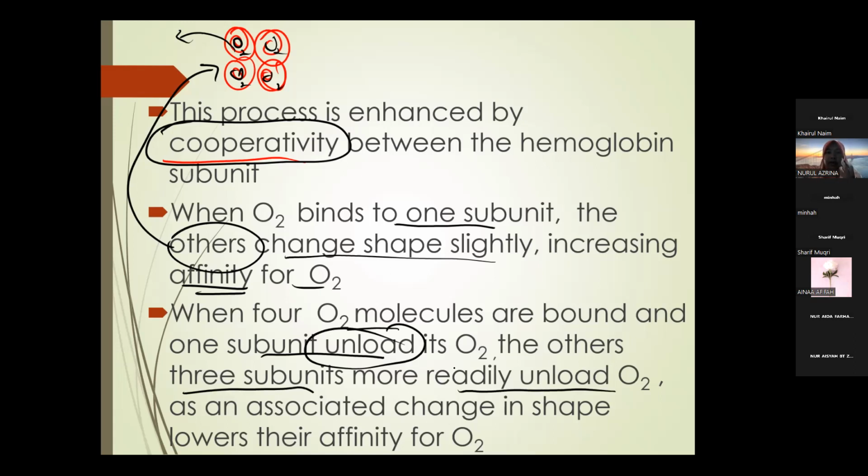So lagi 3 subunit tu pun akan lebih senang membebaskan ataupun melepaskan oxygen. Right? As an associated change in the shape where it lowers affinity for oxygen. So bentuk dia akan berubah in terms of lagi senang melepaskan oksigen. Alright, so this is all what is meant by cooperativity, the concept of the hemoglobin subunits.